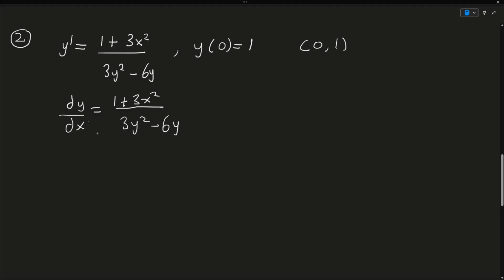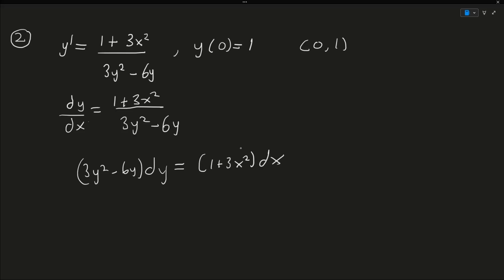It's actually the same thing as multiplying dy with the y function and dx with the x function. So we would have 3y squared minus 6y dy equals 1 plus 3x squared dx.